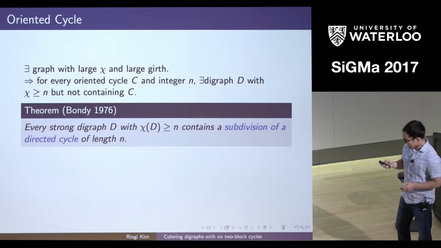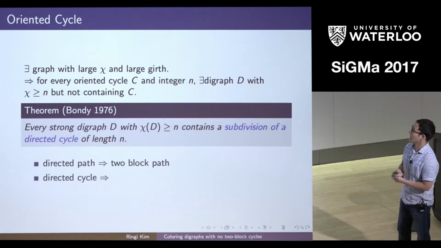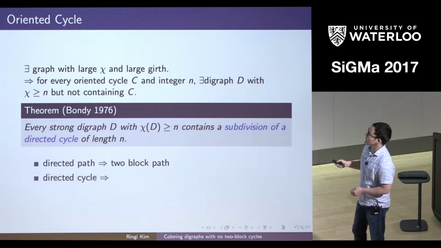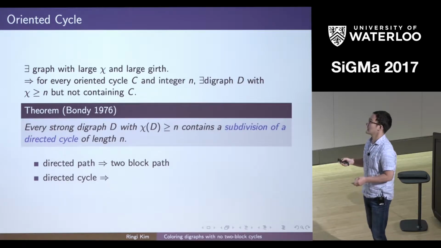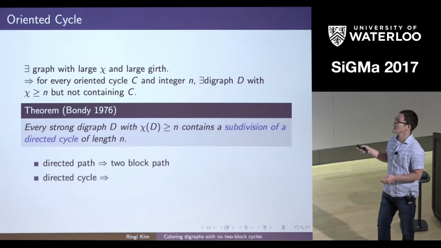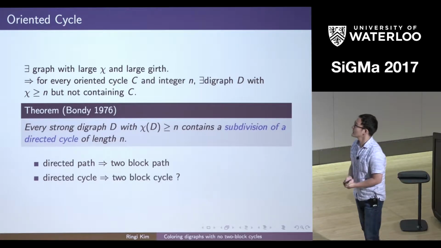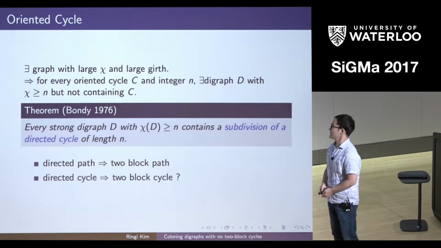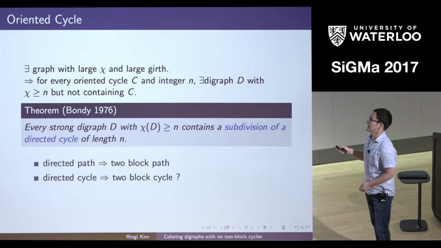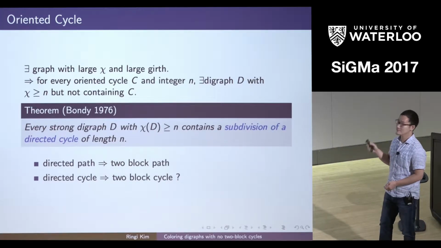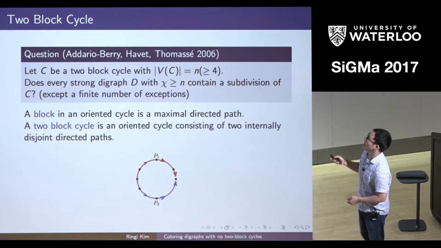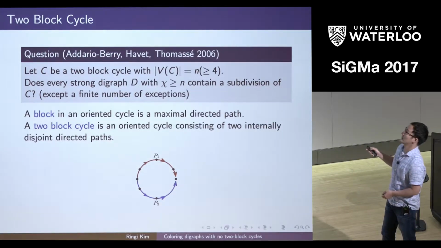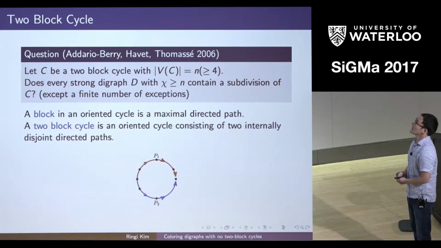Then how can we extend this theorem? The Gallai-Roy theorem is about directed paths, and it was extended to two-block paths. So maybe the right direction is to ask if this is true for a two-block cycle. This question was raised by Addario-Berry, Havet, and Thomassé.